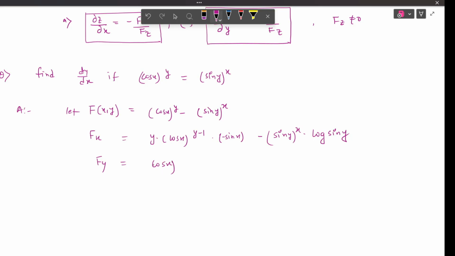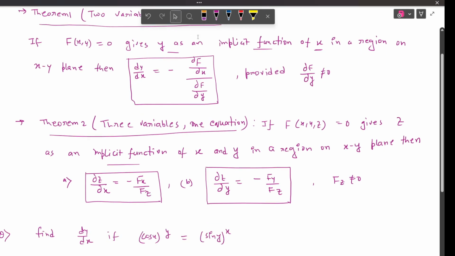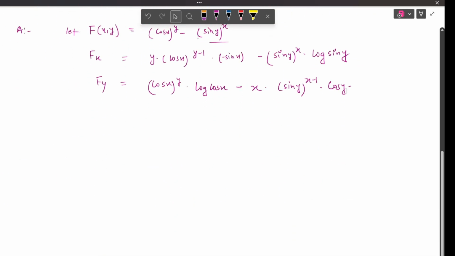So this is cos of x to the power y into log of cos of x minus x into sin of y to the power x minus 1, and differentiation of sin y is cos of y. Now by theorem 1, we can say that dy by dx is minus delta f by delta x upon delta f by delta y, that is fx by fy.